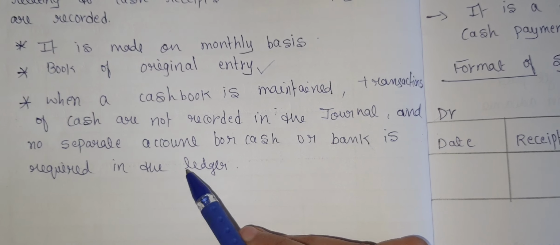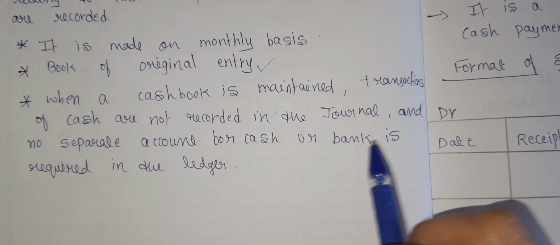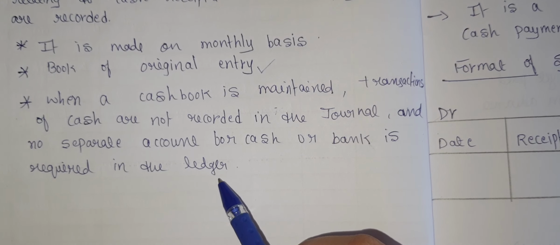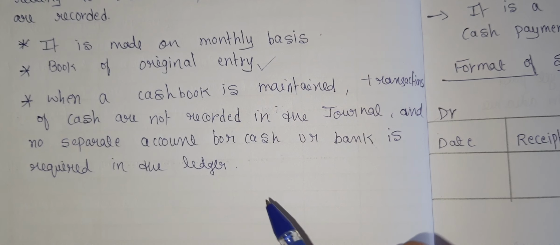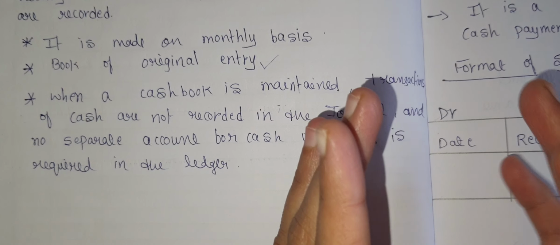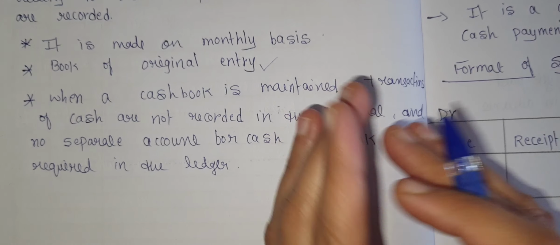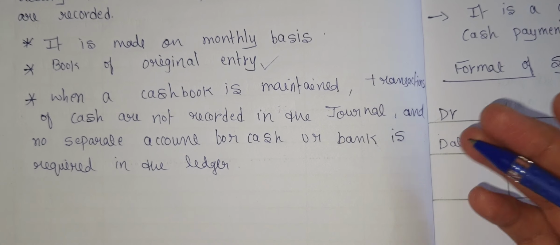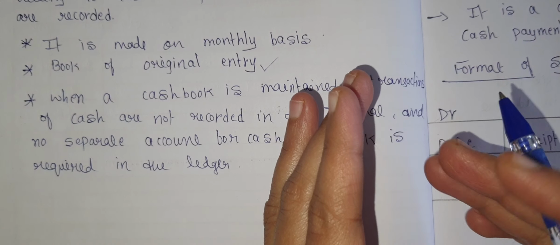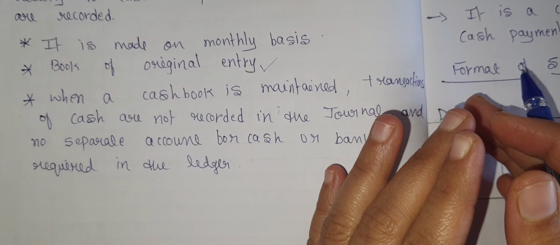And next one, no separate account for cash or bank is required in the ledger. Means what? The cash book itself acts as a ledger for cash and bank transactions. The cash column represents the cash account and the bank column represents the bank account.